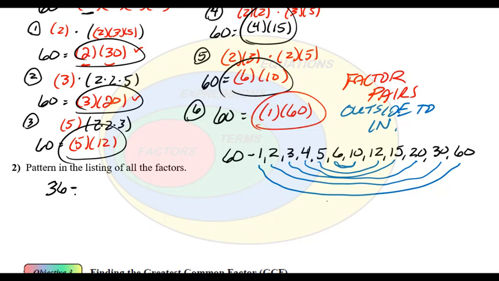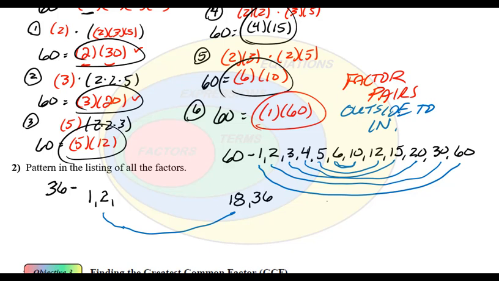If we start listing all the factors of 36, what I like to do is start with a wide list, like 1, and I know 1 would be the first and 36 would be the last factor in my list. Then start with the small end and guess: is 2 a factor of 36? If it is, what would be its factor pair? 2 times 18, so I know that 18 would be its factor pair.